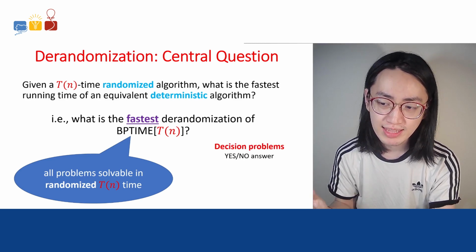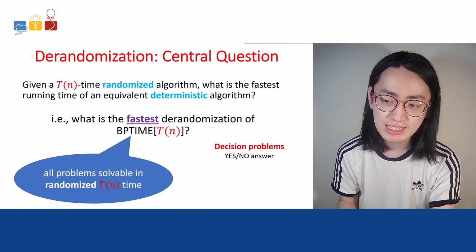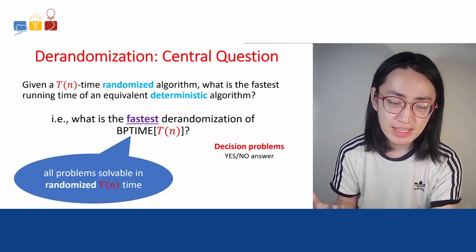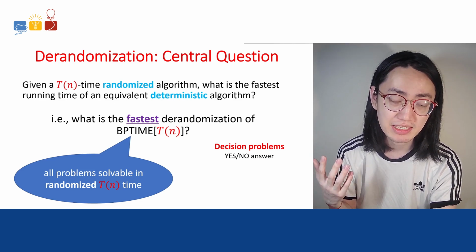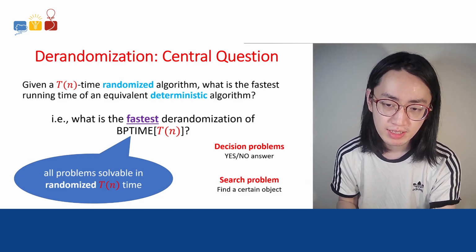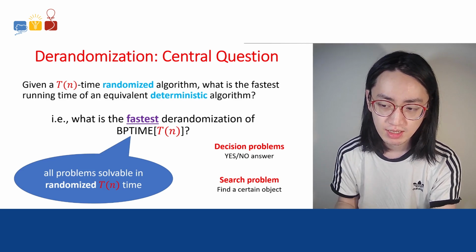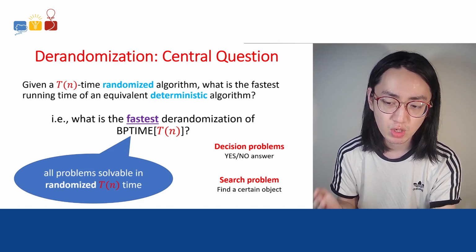There are two important types of problems one may be interested in. The first is the decision problem, in which the answer is either yes or no. For example, deciding whether a given integer is a prime or not is a decision problem. The second type is the search problem, in which one wants to find a particular object satisfying certain constraints. For example, the problem of generating an n-bit prime is a search problem.